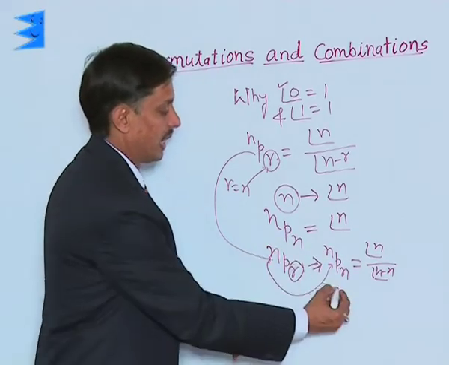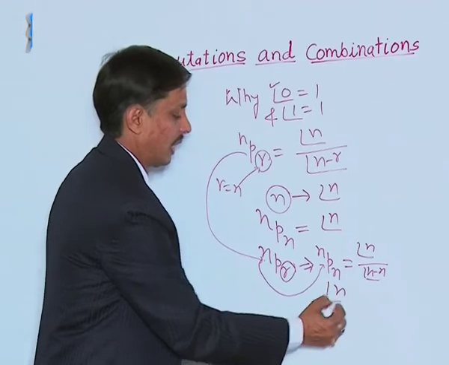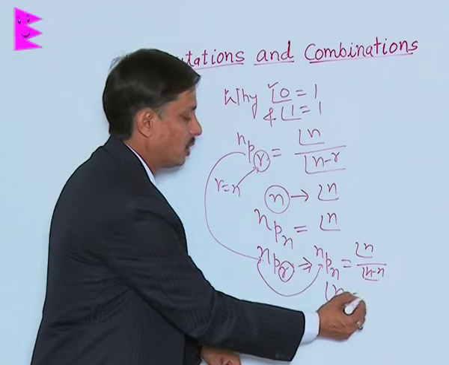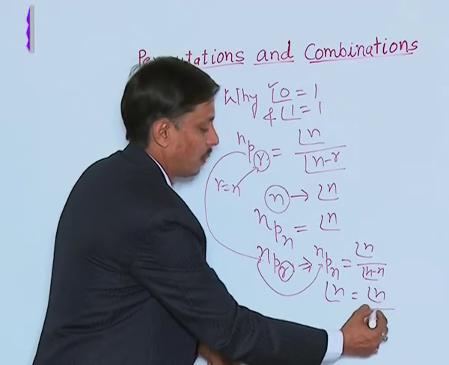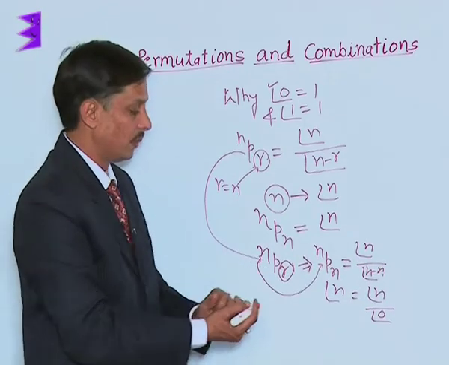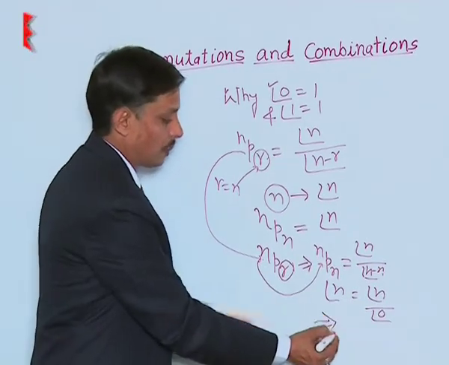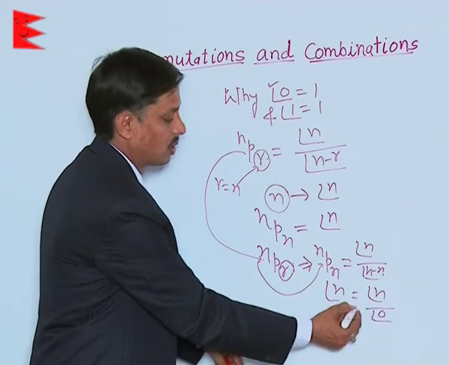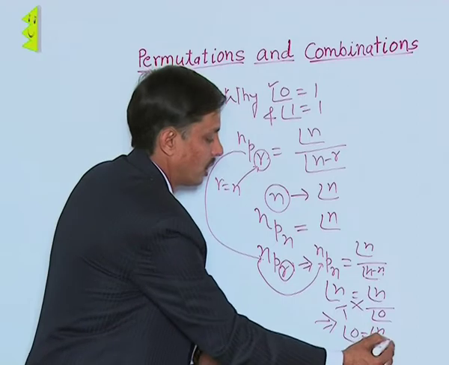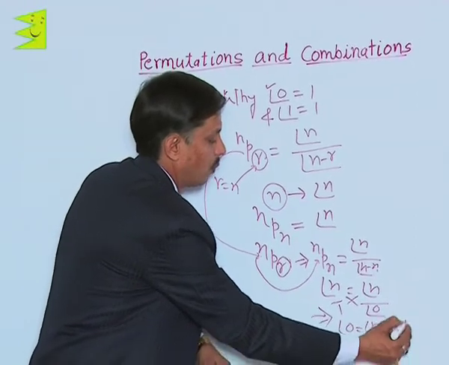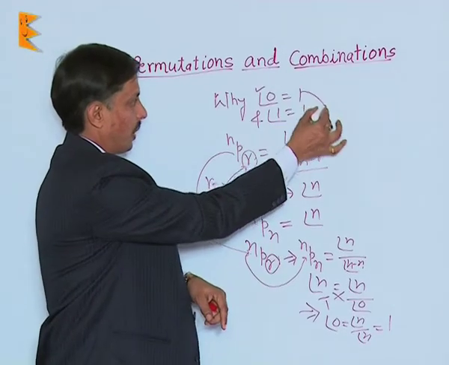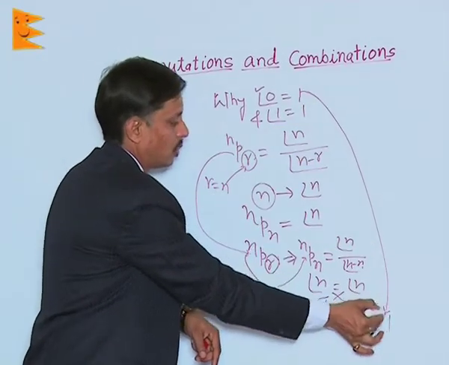But nPn, I have told you, is factorial n. So factorial n equals factorial n upon factorial 0, since n minus n is 0. Ultimately, by cross multiplying, we get factorial 0 as factorial n upon factorial n, which equals 1, which proves our result that factorial 0 is equal to 1.